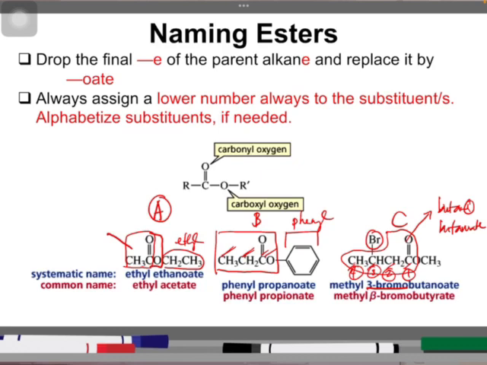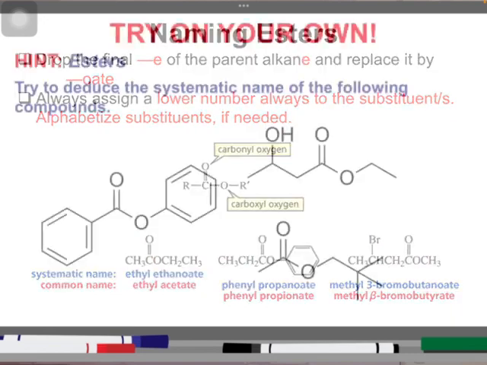This part, yung nakakabit sa oxygen, we call that your methyl. So, that's why the full name of this compound is methyl 3-bromobutanoate. No need to assign number kasi yung methyl group naman ay naka-connect siya dun sa oxygen. Mabilis lang yung discussion ng esters.